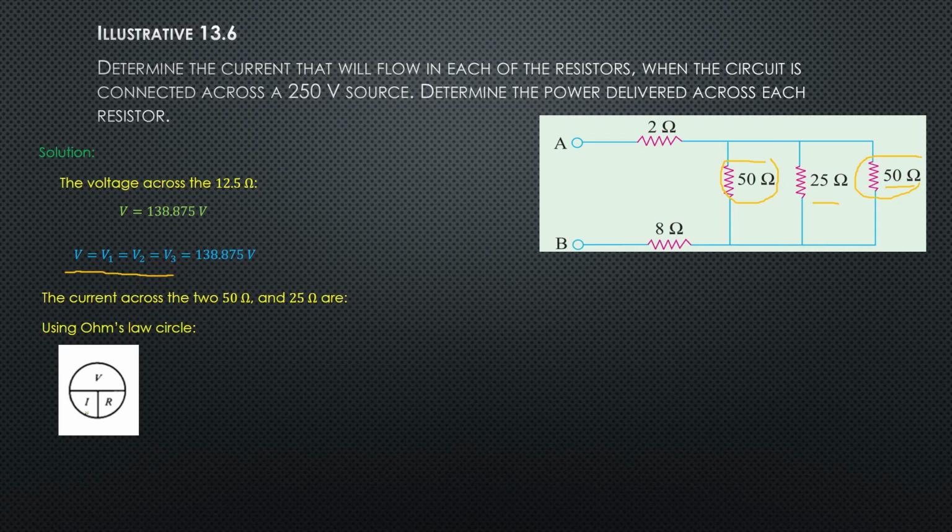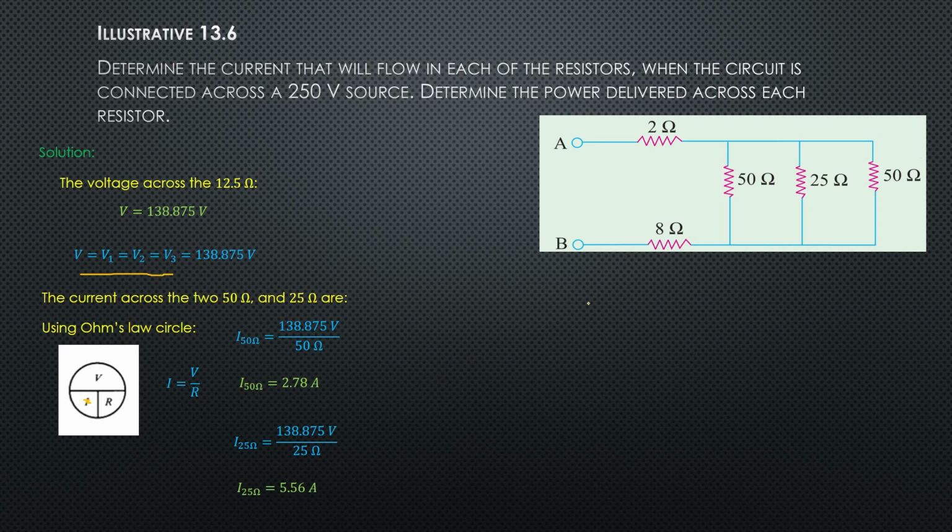So solving for the current, I cover I, that gives me V all over R. Now current across the 50 ohm resistor is voltage all over R. So 138.875 volts divided by 50 gives me 2.78 amperes. Now solving for the current for the 25 ohms, that is 138.875 volts divided by 25, that gives me 5.56 amperes.